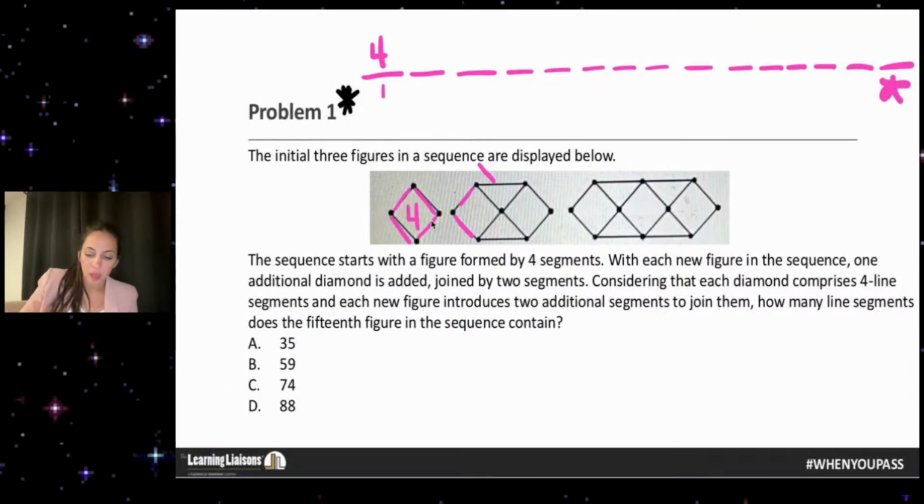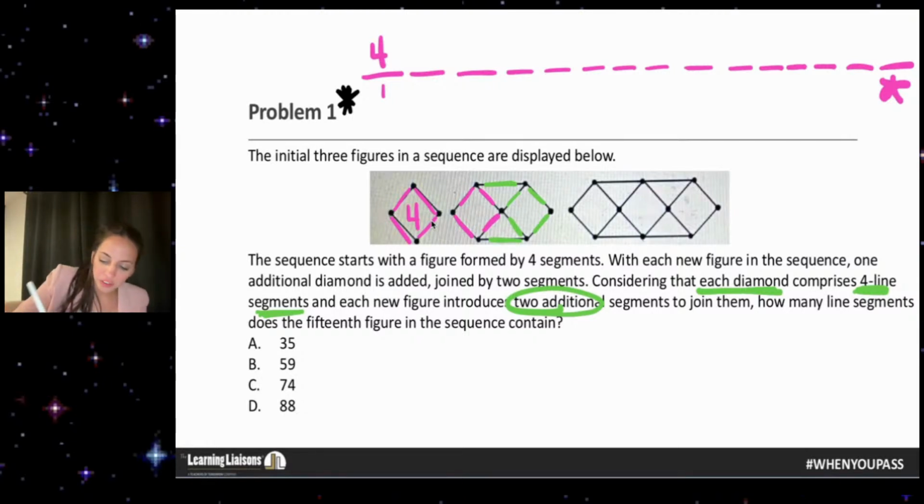So here we are. We had these 4 originally, but now I'm adding on the green ones. I'm adding on 4 for the diamond because it says each new diamond has 4 line segments and 2 additional segments that connect the new 4.